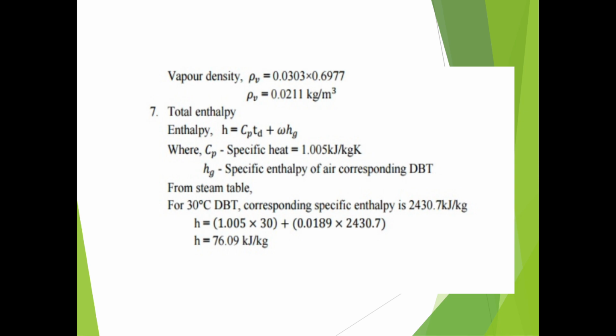From the steam table, for the dry bulb temperature of 30 degrees Celsius, the corresponding specific enthalpy will be equal to 2430.7 kilojoule per kilogram. So H is equal to 1.005 into 30 plus 1.0189 into 2430.7. So the H value will be equal to 76.09 kilojoule per kilogram.